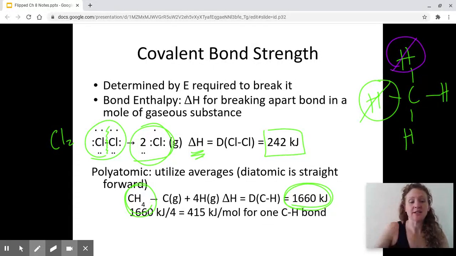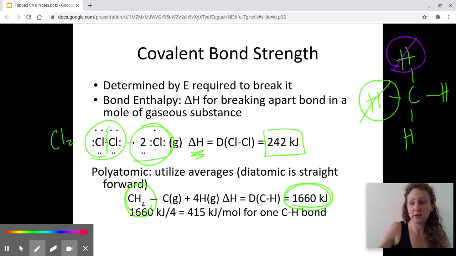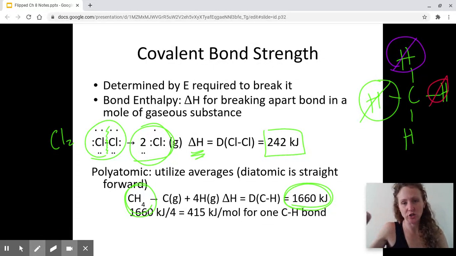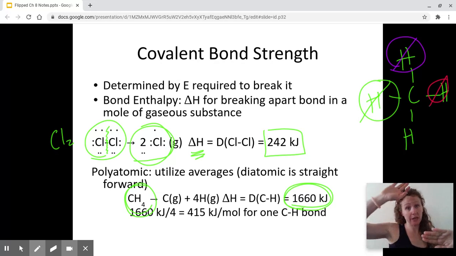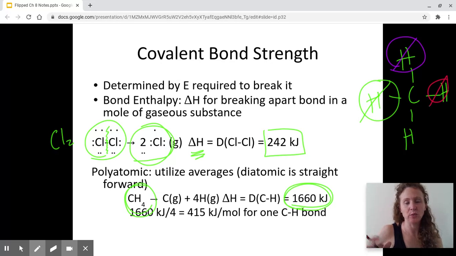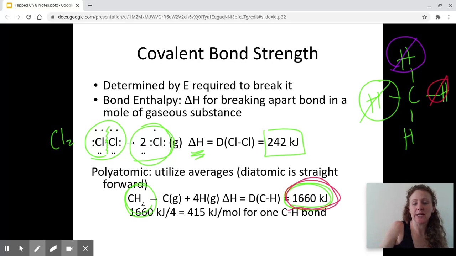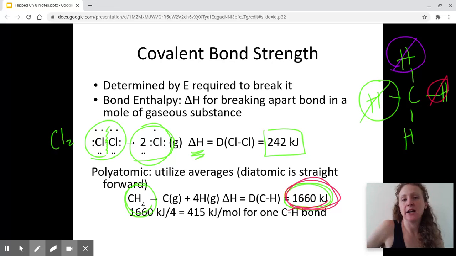And that's going to take a different amount of energy than removing the third hydrogen, and so on and so forth. And so rather than talking about bond enthalpy 1, bond enthalpy 2, bond enthalpy 3, bond enthalpy 4 for a molecule like methane, what they do is they take all 4 bond enthalpies and they average them. And then that's what gets listed as the carbon-hydrogen bond enthalpy.